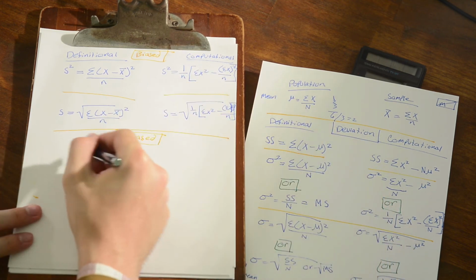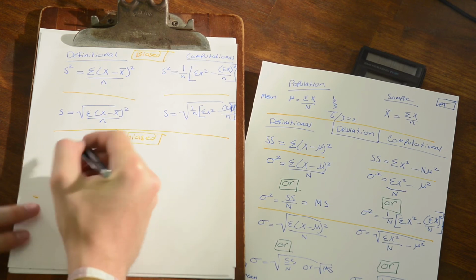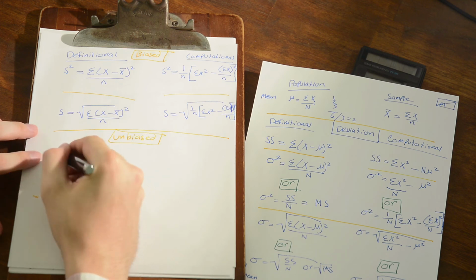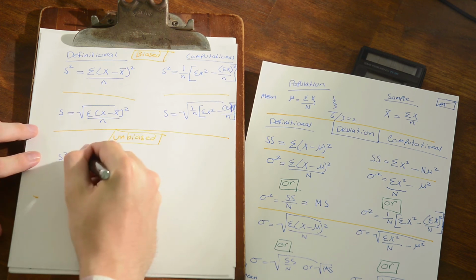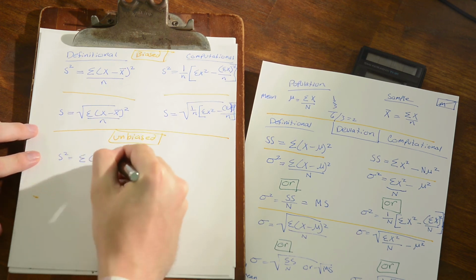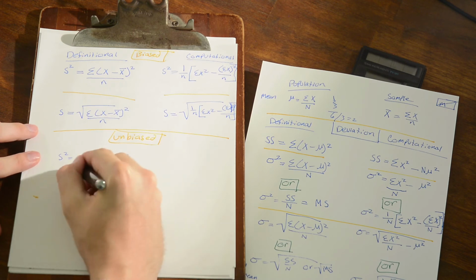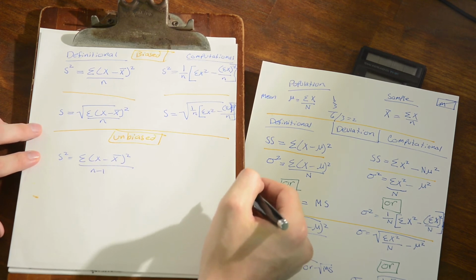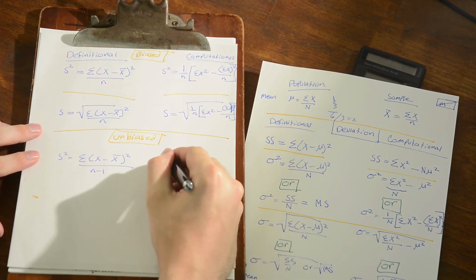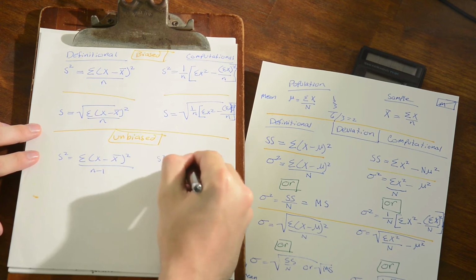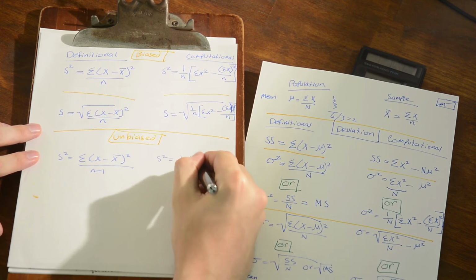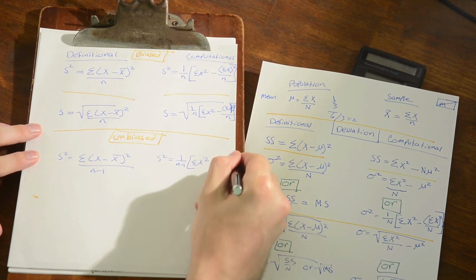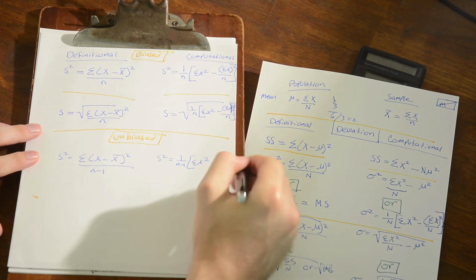So when we're taking an unbiased calculation, we step back, and instead we go s squared is equal to the sum of x minus x bar squared over n minus 1. And that carries over for the rest of them. We have our computational formula: s squared is equal to 1 over n minus 1 times the sum of x squared minus the sum of x squared over n.